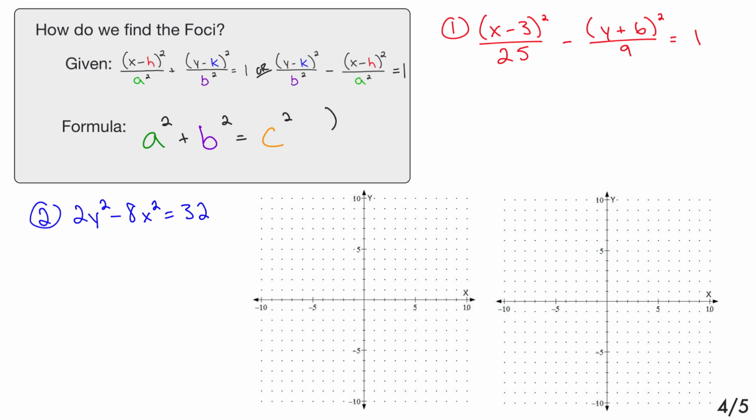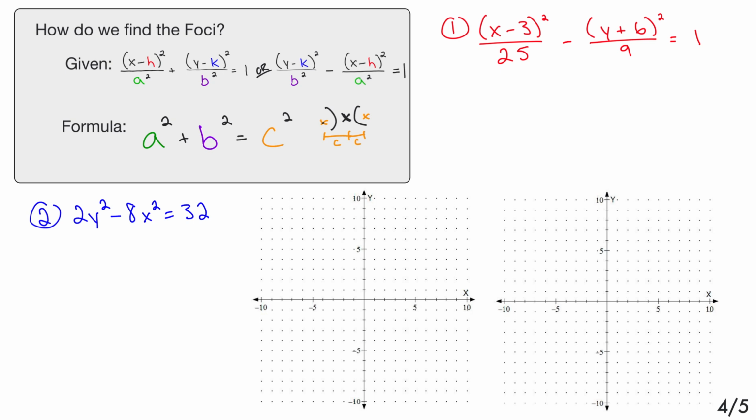So as a quick diagram, here's the center and the focal points, and that distance from the focal point to the center is C. And again, this also works if the transverse axis is vertical as well.